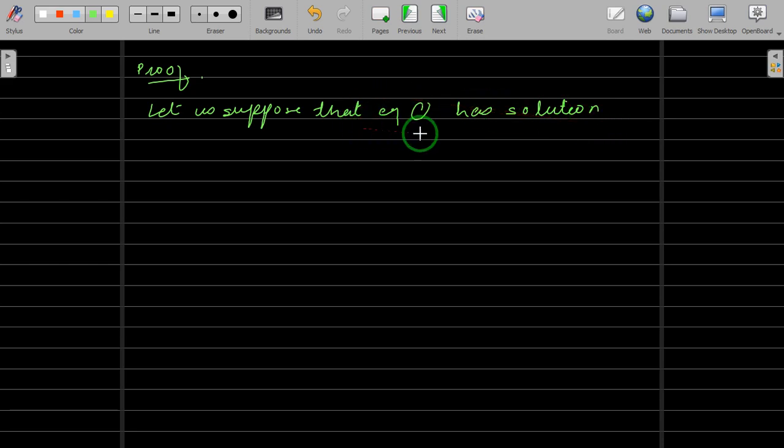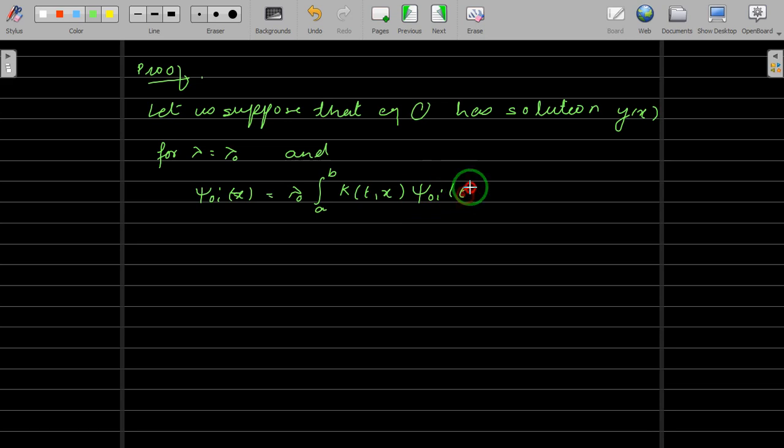So you assume that equation 1 has a solution y(x) for λ = λ0, and consider this ψ0i, that's what we have seen in the last lemma. ψ0i(x) = λ0 ∫ from a to b K(t,x) ψ0i(t) dt, right?